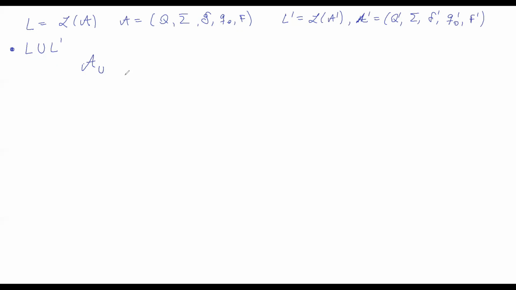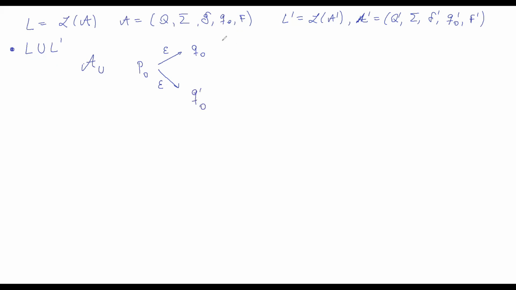This automaton is going to have one new initial state, P0, and this P0 is going to have two epsilon transitions. So this is going to be a non-deterministic automaton. One epsilon transition is going to be to this state Q0, and the other epsilon transition is going to be to Q prime 0.